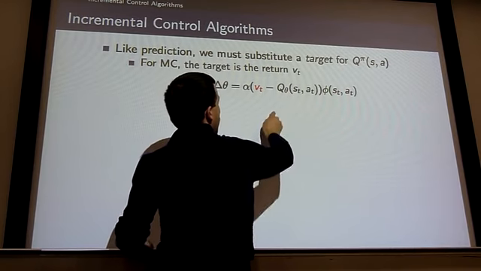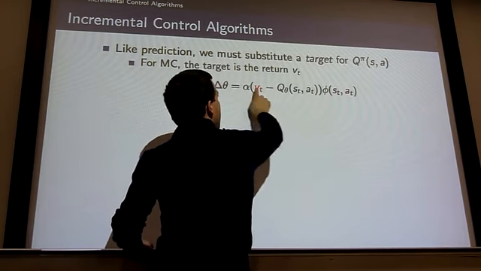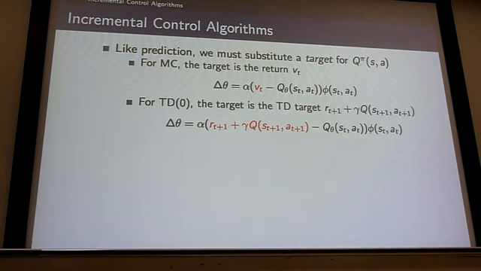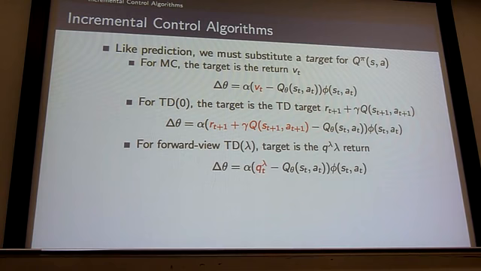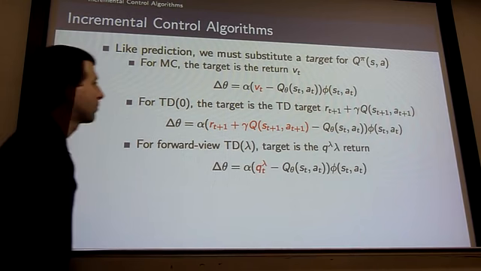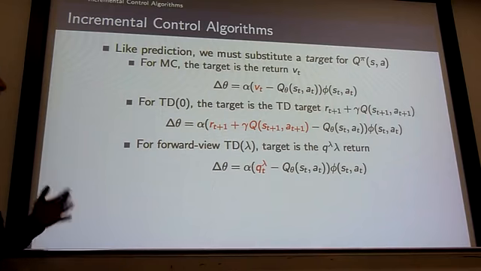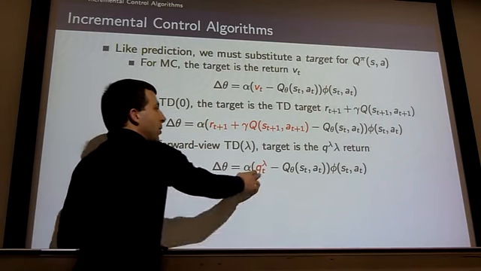Now we're looking at the error between what we predicted the value would be and what the return actually was. We could do the same thing using TD(0), plugging in the TD target, which is a revised estimate of how good the value is after we've taken one step. Or, using the forward view TD(lambda), we can plug in the lambda return.